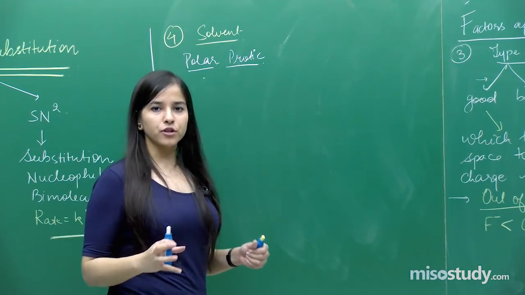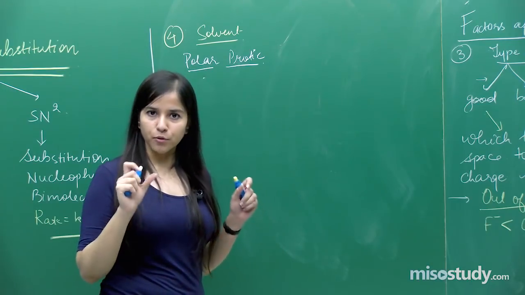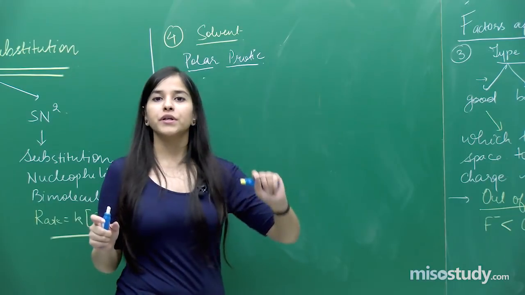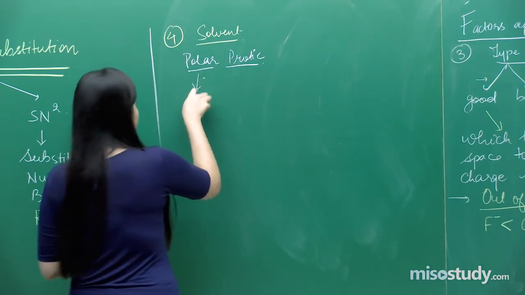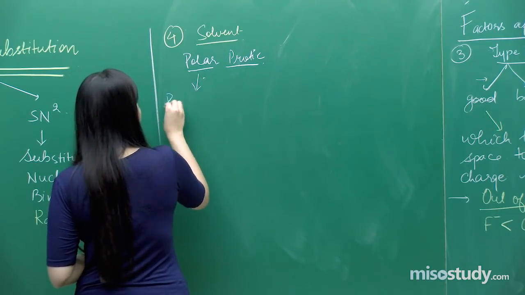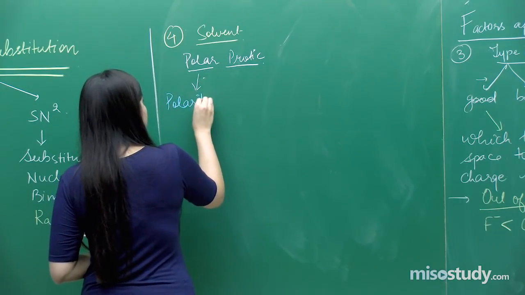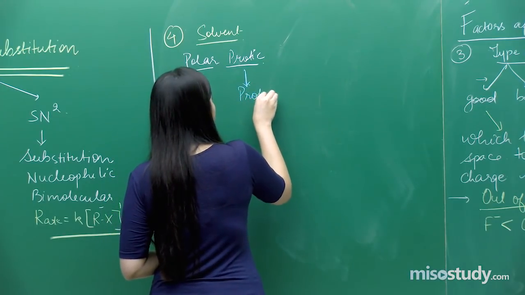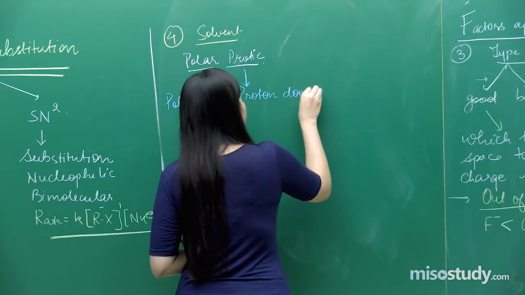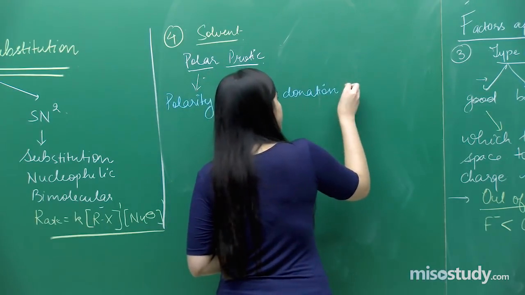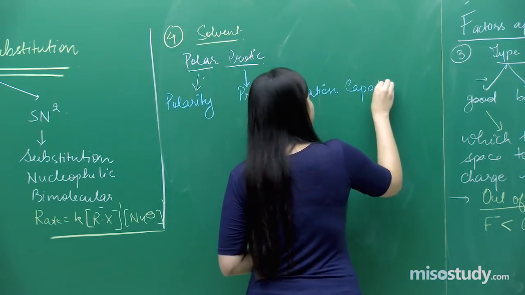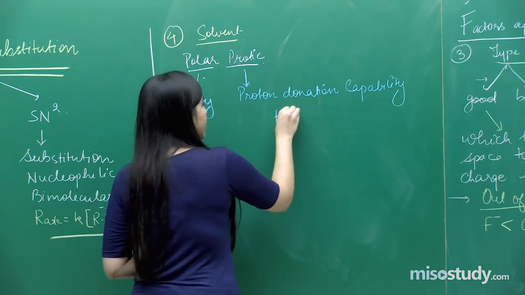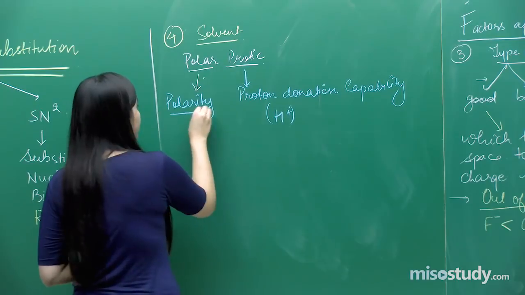The meaning of polar protic is it must have polarity, right? And it must have proton donating capability. So first, polarity it must possess, and second, proton donation capability. Fine. So it is ready to give H positive and it's polar as well.